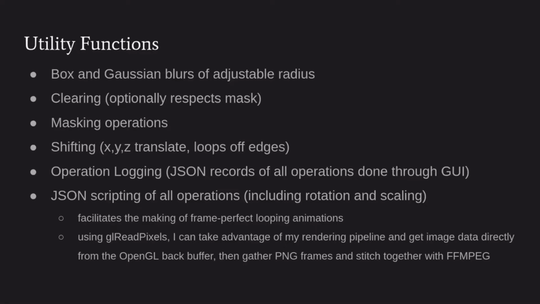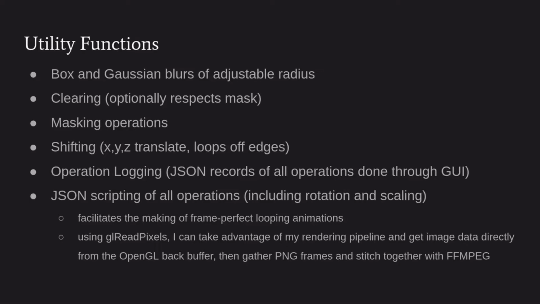I can dump that to a text file if I want to replicate something I've done in the editor. With JSON scripting, I can load some formatted input file that says, I want to make an animation, here's the setup, and then there are per frame operations I can specify as well. It facilitates making frame perfect looping animations, which is cool.